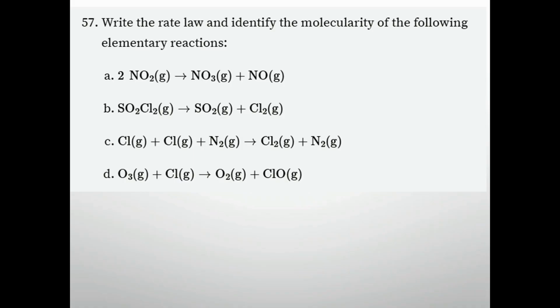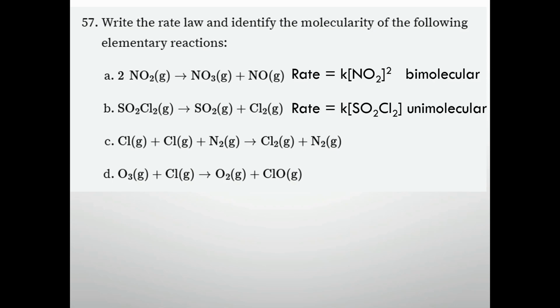So for the first one, there's two NO2s, so that has to be k[NO2] squared, and it is bimolecular. Now, like I said, we're looking at elementary single-step reactions, so the stoichiometry works. For B, I just have k times [SO2Cl2], and it's unimolecular. That molecule is fairly unstable.